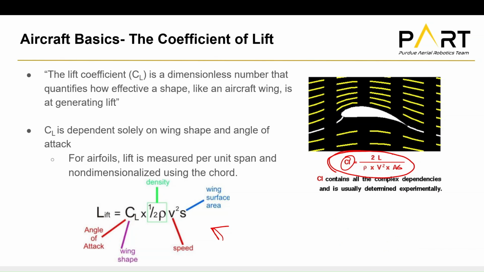So what a scientist or an engineer does, how someone figures out the amount of lift that an airfoil is going to create, is they stick it in the wind tunnel and they calculate the CL based off those values. And that again is dimensionless. So no matter how big you make this airfoil, how big your wing's going to be, it should have the same CL at the same angle of attack. And we'll get into that later too.